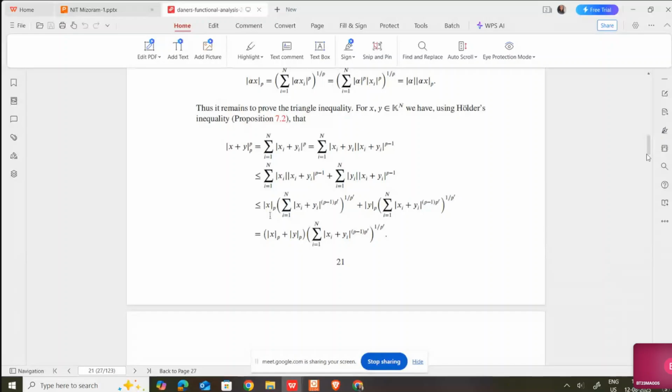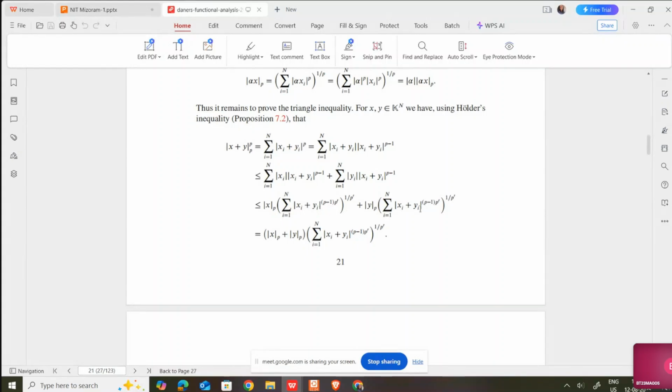So what you get is the norm of x_p here, and this part has p minus 1 into p prime, raised to 1 over p prime. And here you have p minus 1 into p prime, raised to 1 over p prime. So this is a common element: the summation of |x_i plus y_i| raised to (p minus 1) p prime, raised to 1 by p prime.